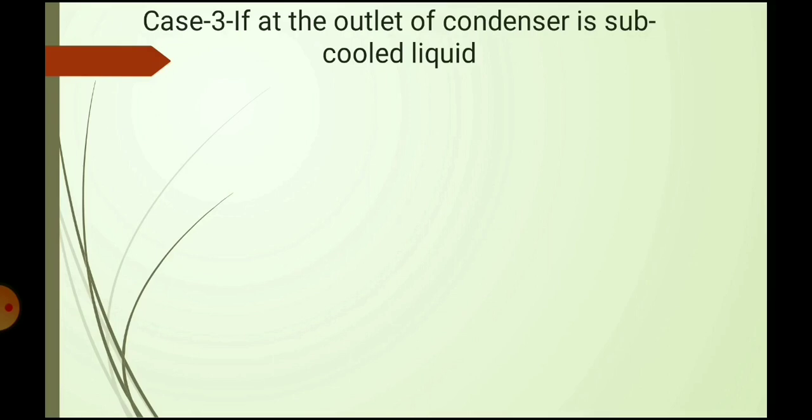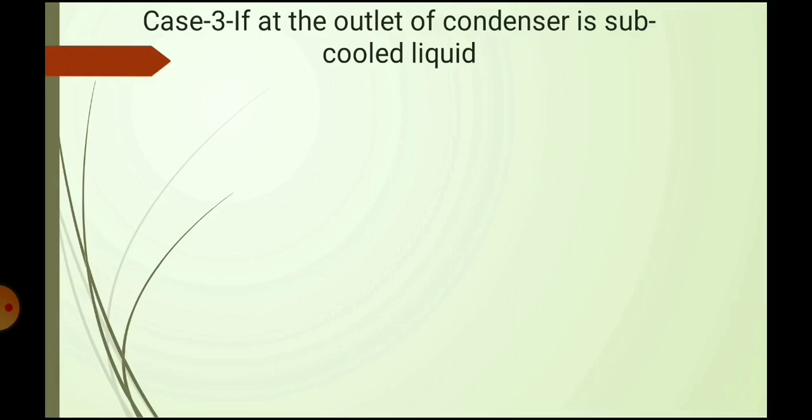Next, case number 3. If the outlet of the condenser is subcooled, the condensation process happens during process 2-3. That means point 2 shows the inlet of the condenser and point 3 shows the outlet of the condenser.